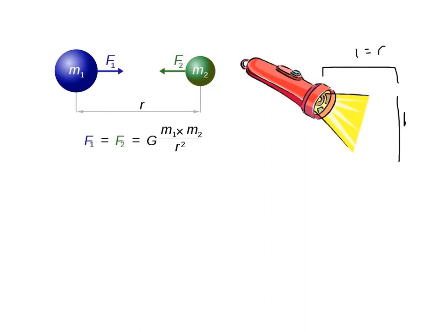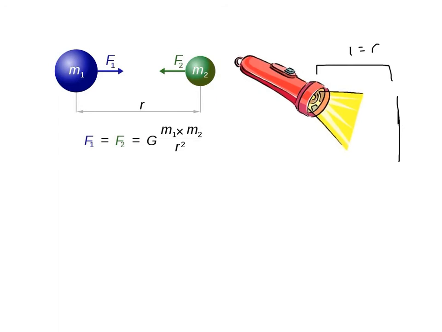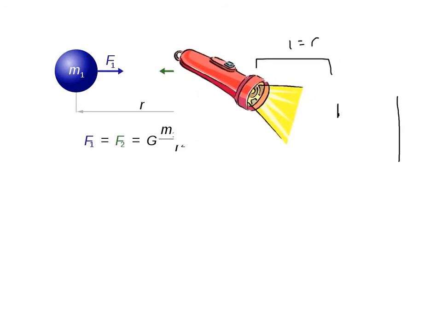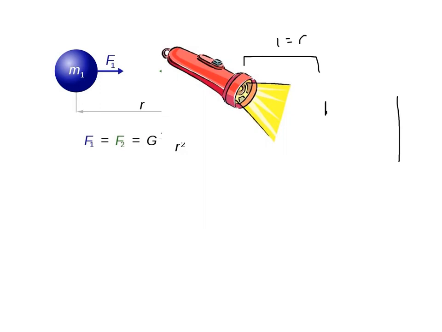Now we're going to pick up this flashlight and move this guy back. We're going to double his radius. So now the radius is twice that. So what happens to the force of gravity is that original image that we had here, that was our force of gravity, actually gets stretched out.